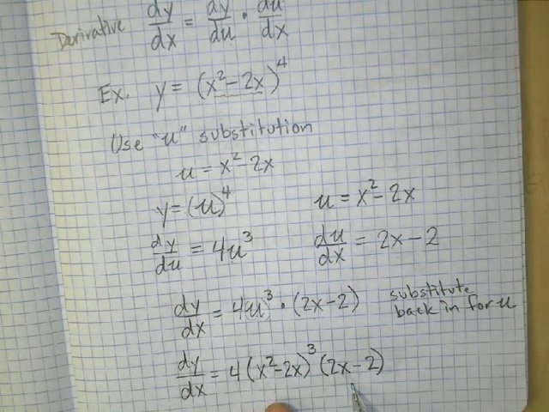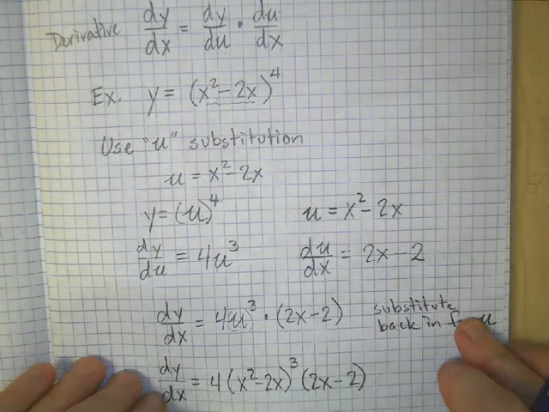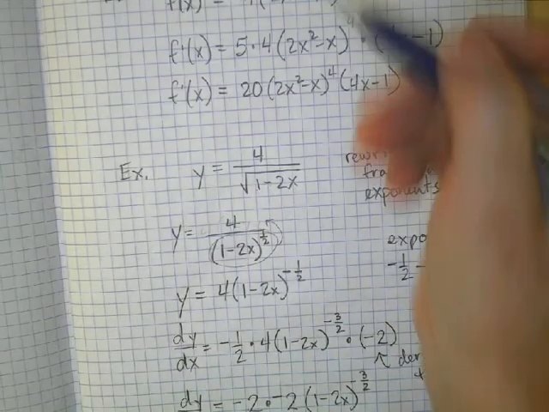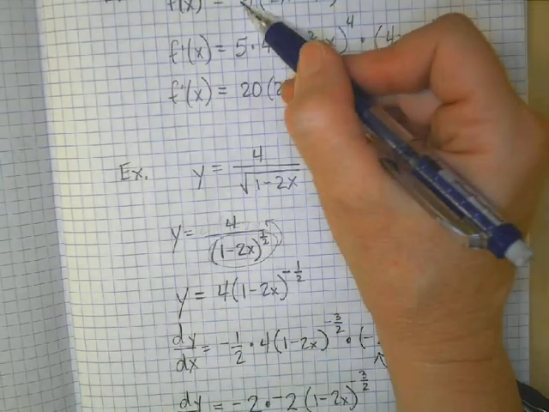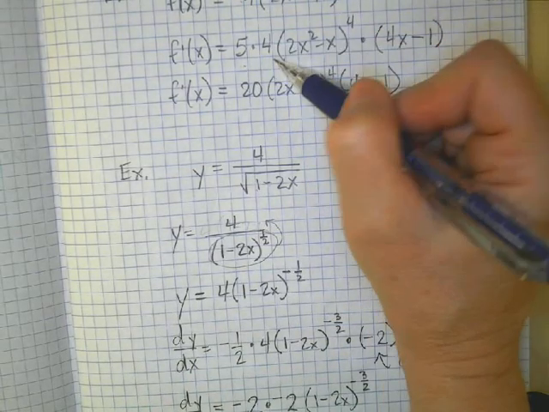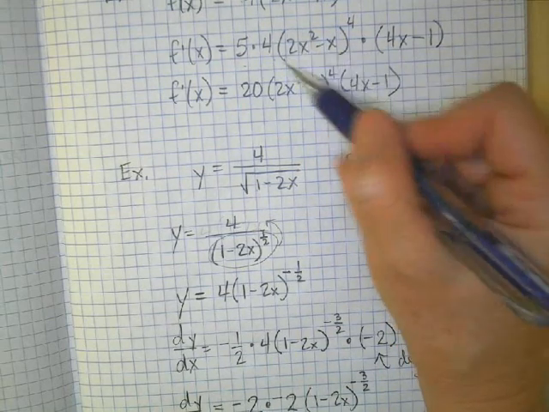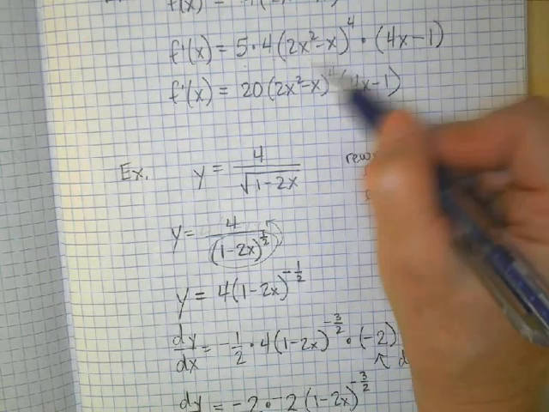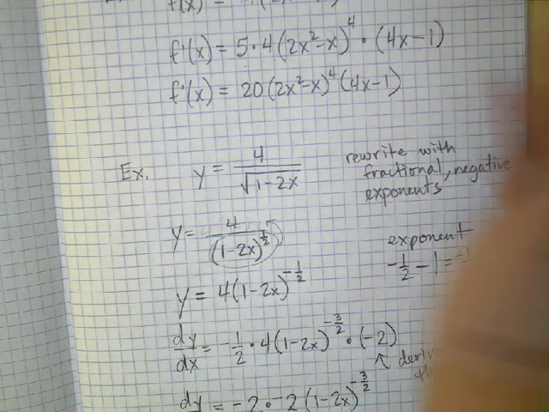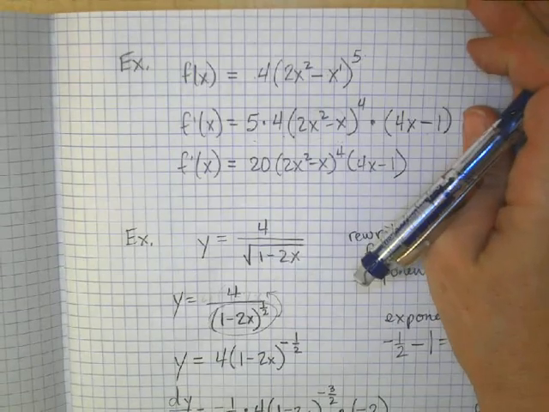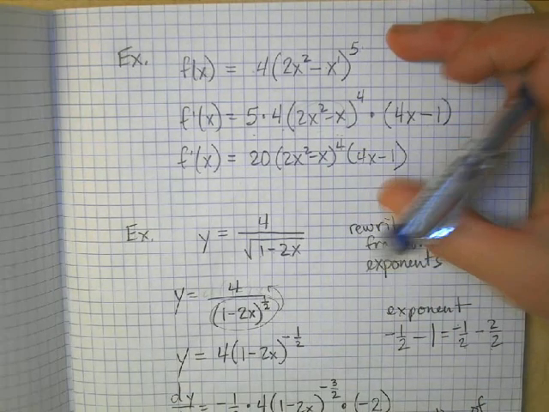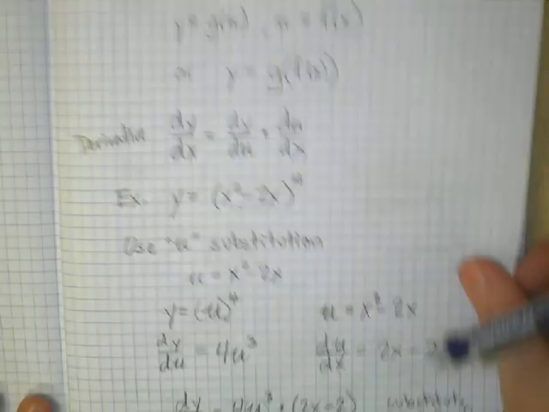Or you can do the more shortcut way, which is multiply the 5 times the 4, keep your original part here, and then multiply by the derivative of what's inside the parentheses. Whoops, you can't see what I'm pointing at. Sorry about that. So here's doing it without the U substitution, and here's the example with the U substitution.